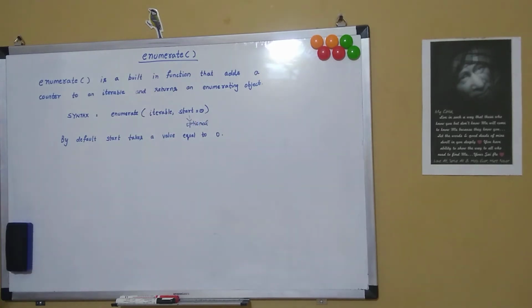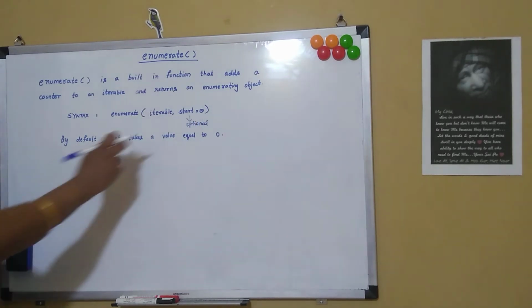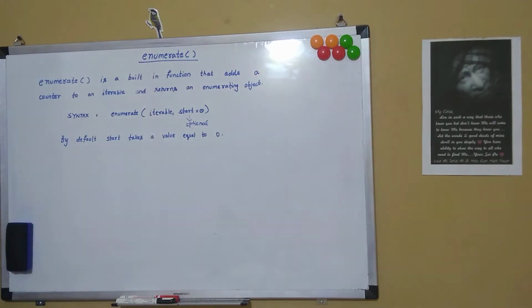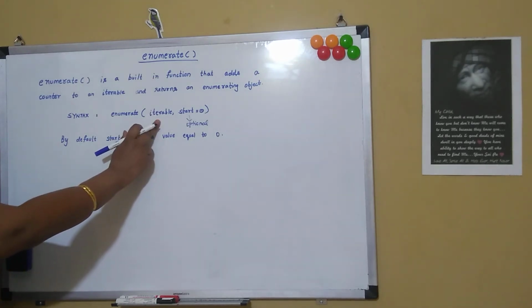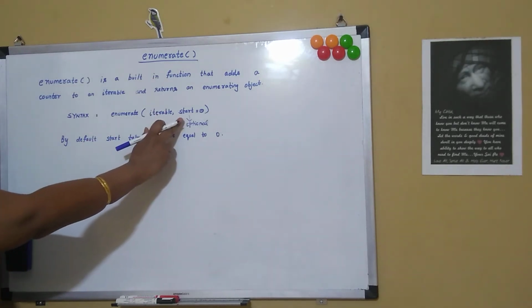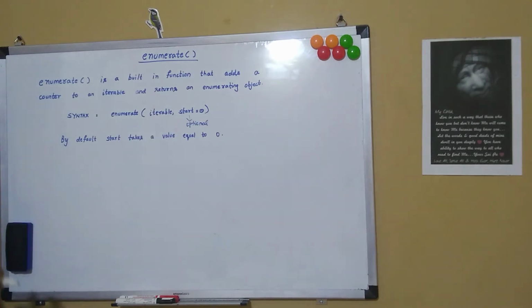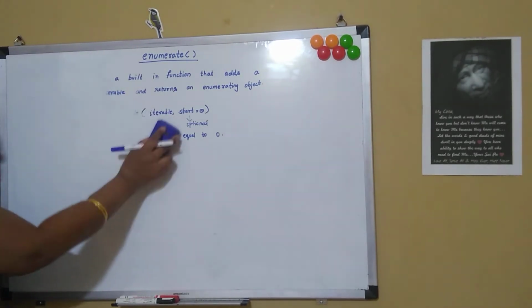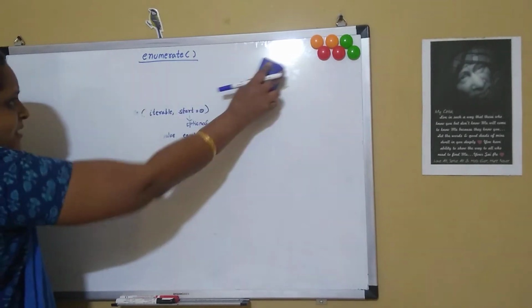So if we do not provide the start value, by default it will take 0 as the start value. So we have to pass an iterable and start. Start is optional. Having known all these points about the enumerate function, let's quickly look into some examples.